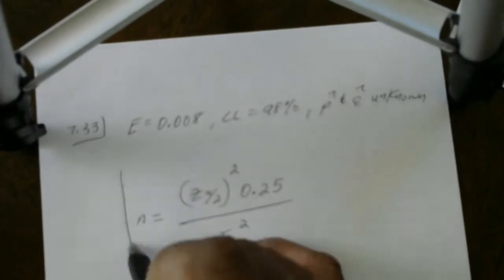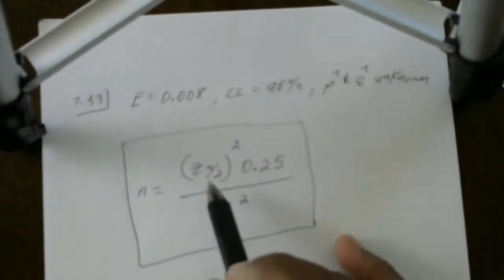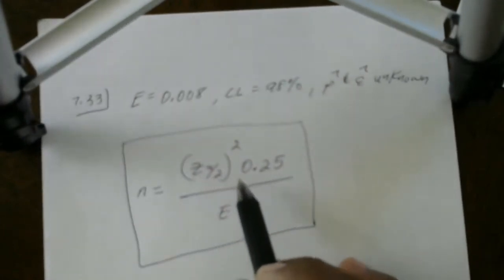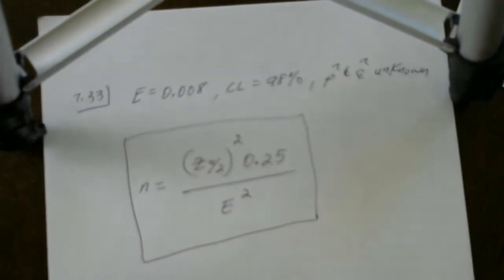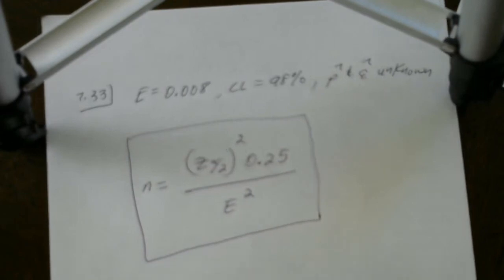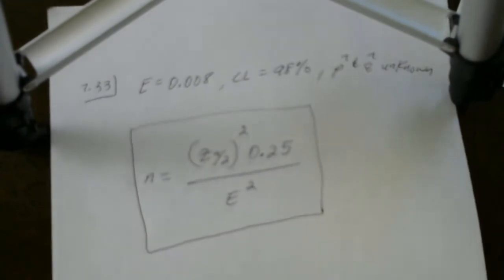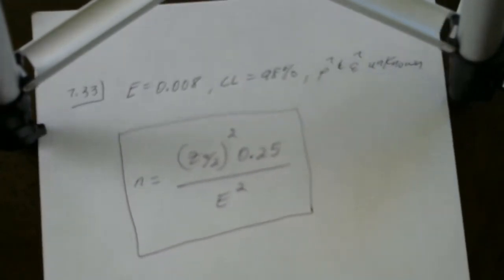In this calculation, the first thing we must do is find the Z alpha over 2 value. Keep in mind we're given 98%, which is not a common confidence level, so we'll have to calculate this manually.